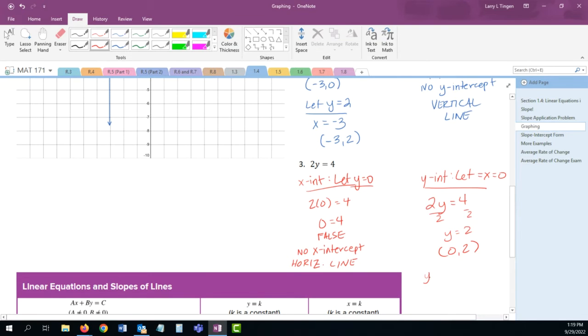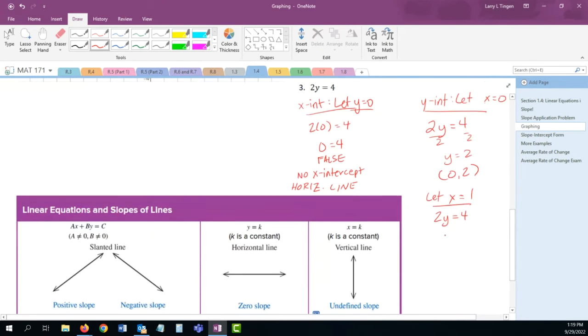So I'm going to do what I did before. Whenever you have a horizontal or a vertical, I'm going to let x be 1. All right, if x is 1, 2y is equal to 4, which means y is equal to 2. So I have the point 1, 2.